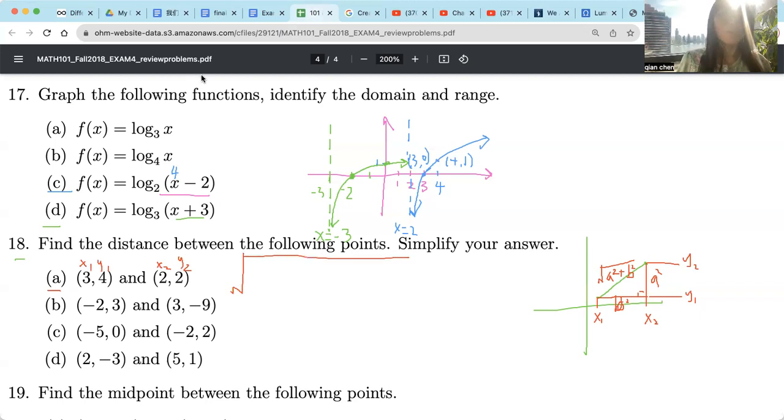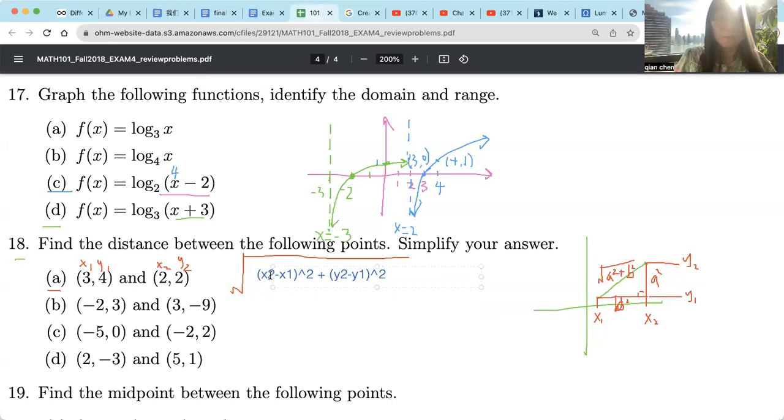I square root of x2 minus x1 squared, that's my B squared, plus y2 minus y1 squared, that's my A squared, right? Then I square root, right?